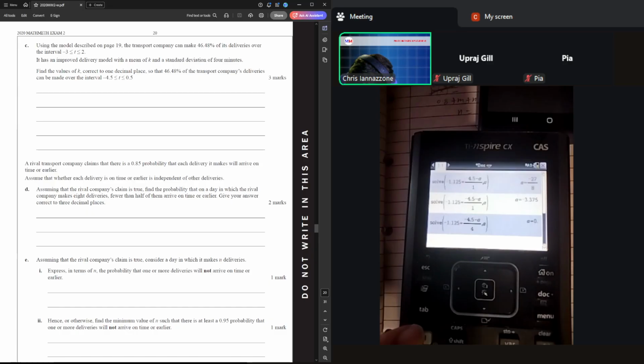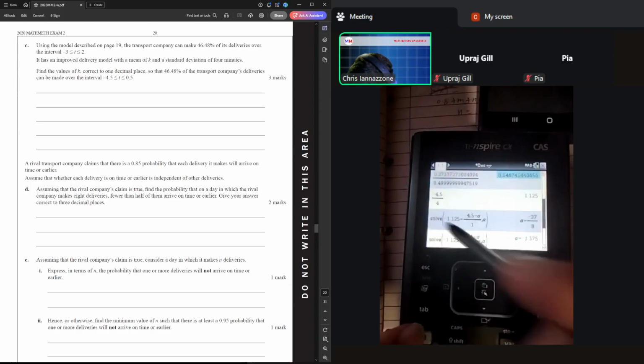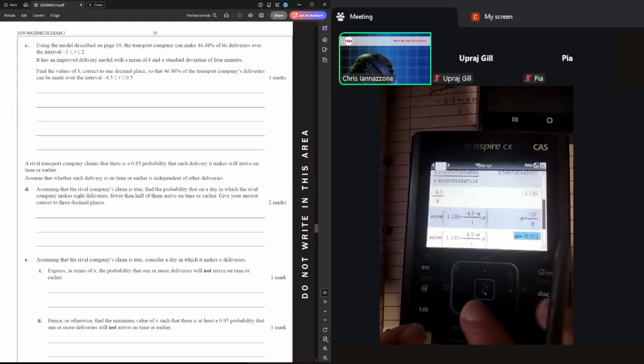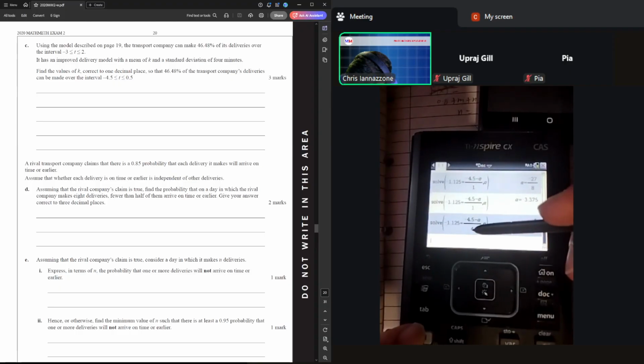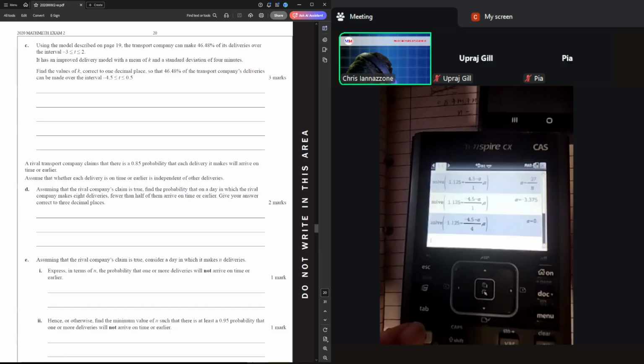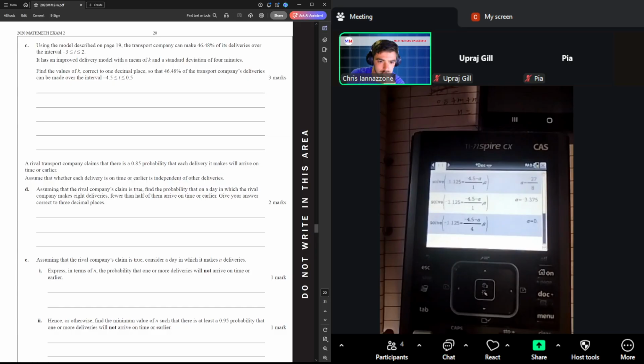Now what? -4.5 was one of them, and that corresponded to -1.125 for a z. X minus k over 4. I mean, a equals 0 was not one of the solutions. Maybe I'm just trying to force it.